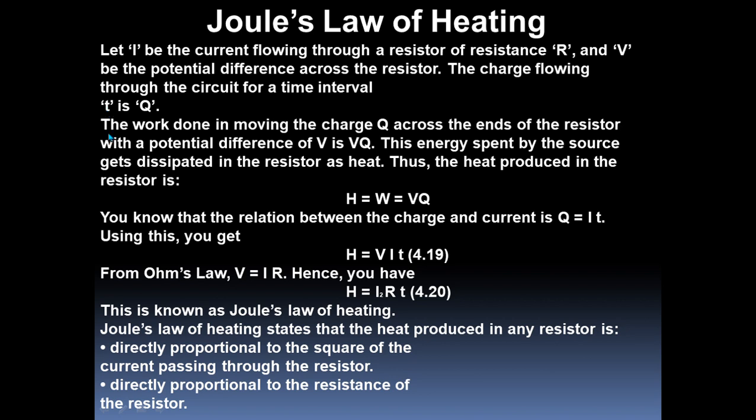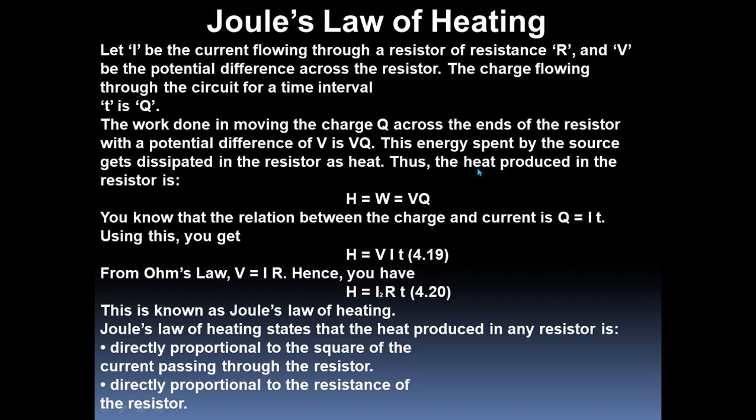The work done in moving the charge Q across the ends of the resistor with a potential difference of V is V into Q, that means the product of the potential difference and the charge. This energy spent by the source gets dissipated in the resistor as heat.